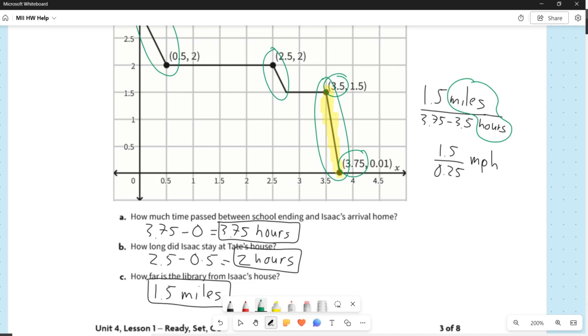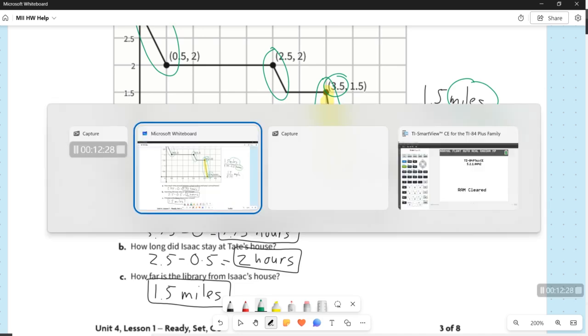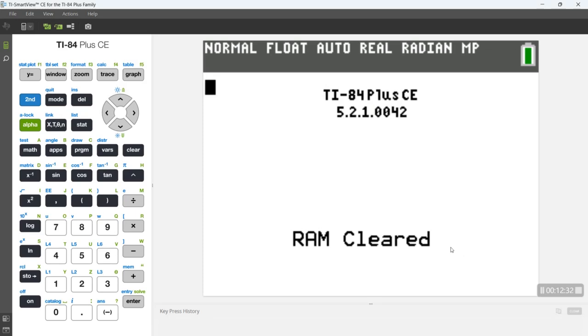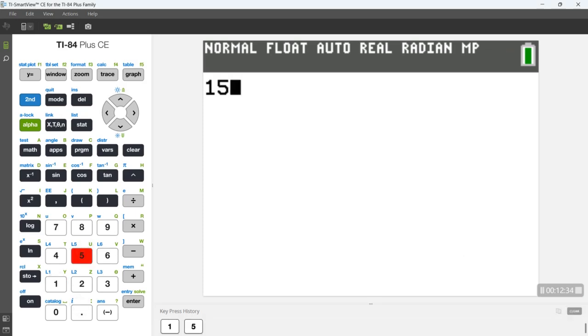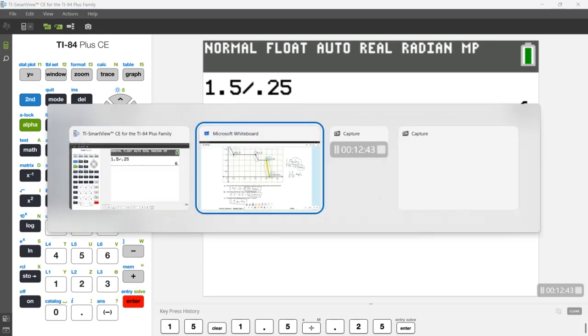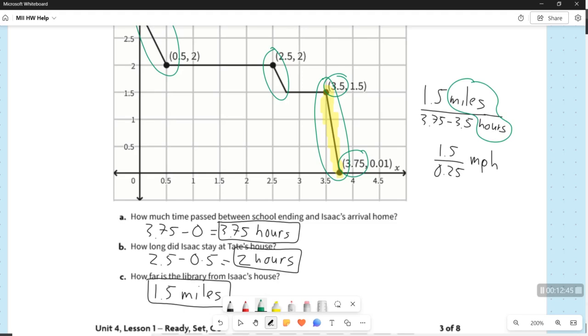If I want to just clean that up a little bit, we can just type that into our calculator here. So 1.5 divided by 0.25 is 6. And so instead of leaving our answer in this weird decimal fraction combination, this is equivalent to just saying 6.